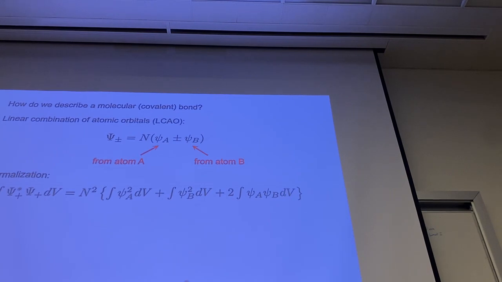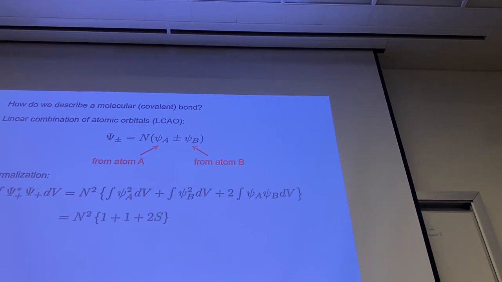That's the first, the second, one for A, one for B, and then the combination term. Always, when you square something, you get the square of one, the square of the other one, plus the combination term. The square of A and the square of B is just the normalization condition for either one of them, which is 1, because the atomic orbitals were normalized. So it's 1 plus 1, plus whatever this is, basically the overlap integral.